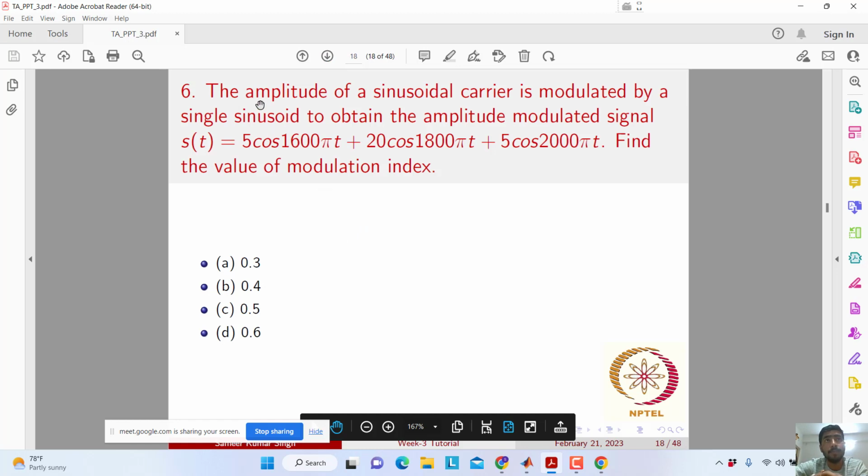Question number 6 is: the amplitude of a sinusoidal carrier is modulated by a single sinusoidal signal to obtain the amplitude modulated signal s(t). Find the value of the modulation index. There we have an AM modulated signal, and there we have to calculate the modulation index.